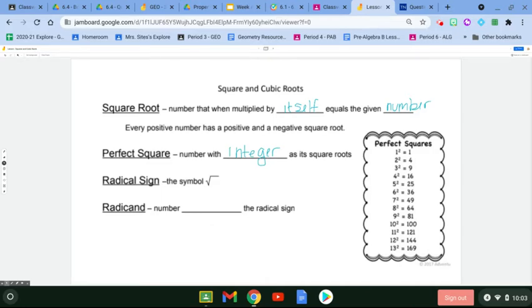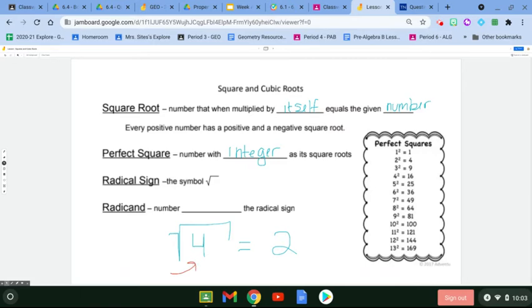Perfect squares and square roots are opposites of one another. So, for example, if I asked you to find the square root of 4, you would think of 2, because you want to find what two numbers that are exactly the same, when you multiply them together, give you the number inside the square root sign.